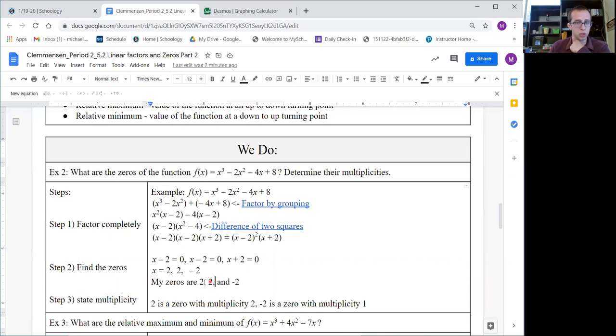So we have 2 2s, so we have 2 as a zero with multiplicity 2. So there's 2 of them. We only have 1 negative 2. So negative 2 is a zero with multiplicity 1, which just really means that we have 1 of them. Multiplicity 2 really just means 2 of them. Multiplicity 1 just means 1 of them.